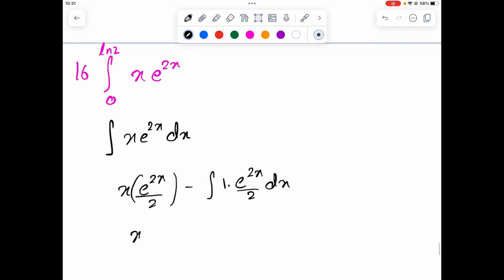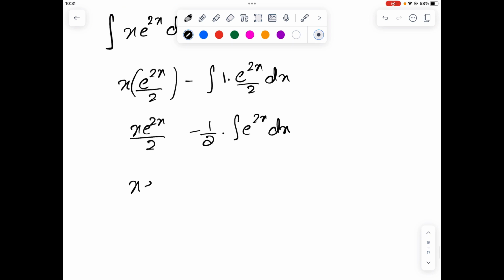So it becomes x e power 2x upon 2 minus 1 upon 2 integral of e power 2x. So it becomes x e power 2x upon 2 minus 1 upon 2 e power 2x upon 2 plus c.